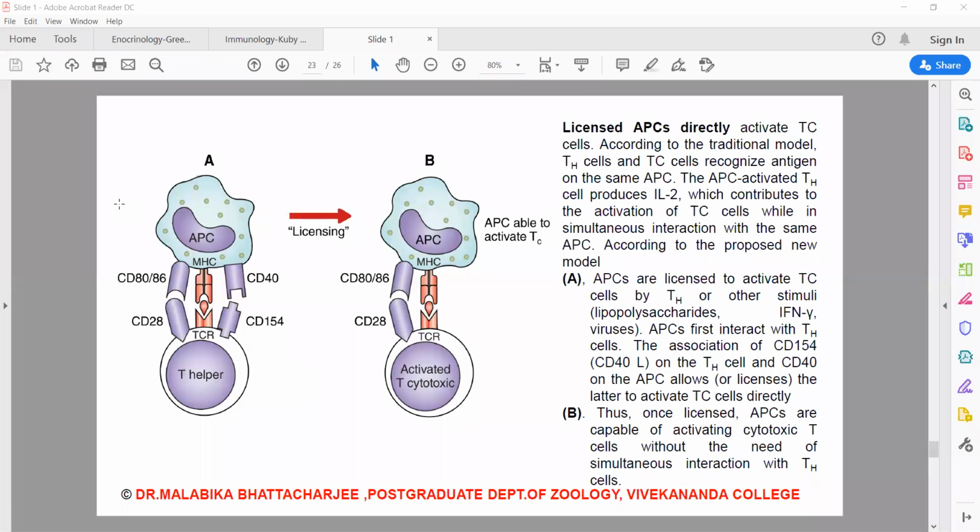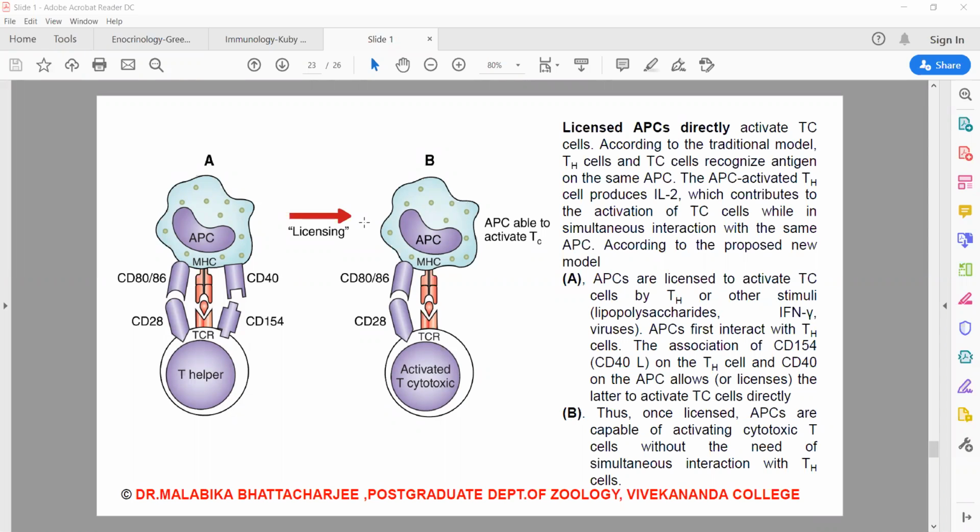And this kind of activated antigen presenting cell can later on also present antigens via their MHC class 1 to the cytotoxic T lymphocytes. But mind it, this phenomenon happens in the peripheral blood or in the peripheral lymphoid tissue, not in the thymus. Within the thymus, the epithelial cells are capable of simultaneously presenting MHC class 2 and MHC class 1 together.